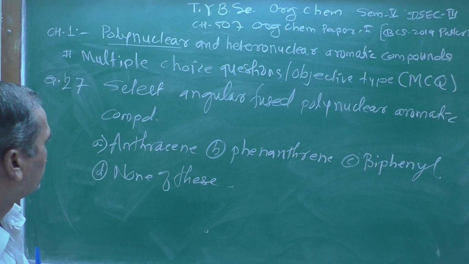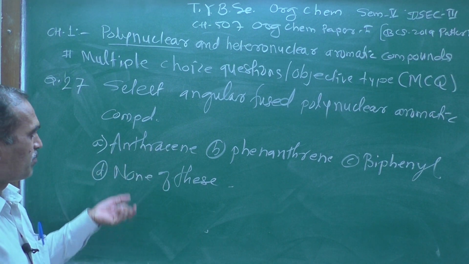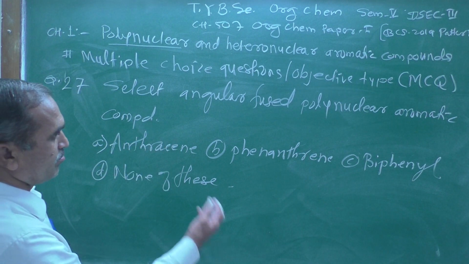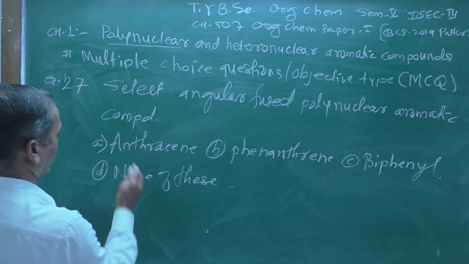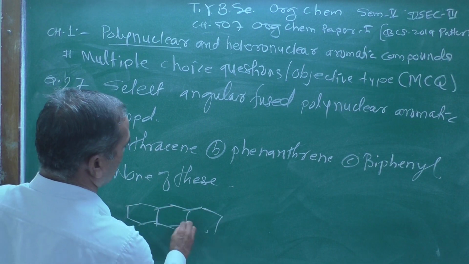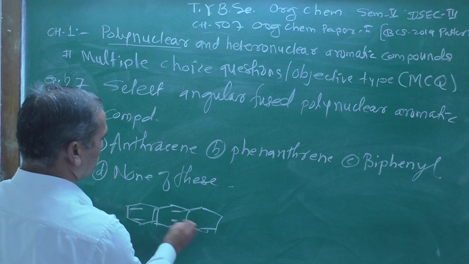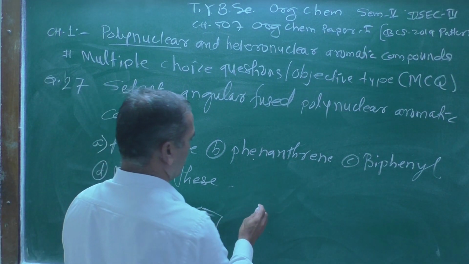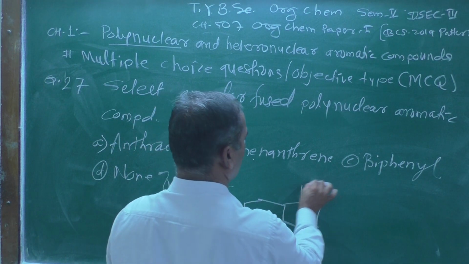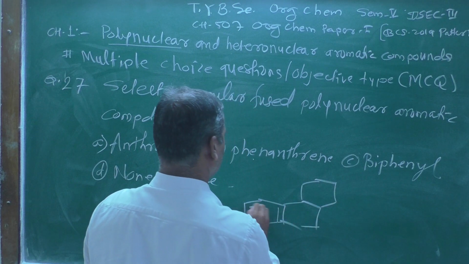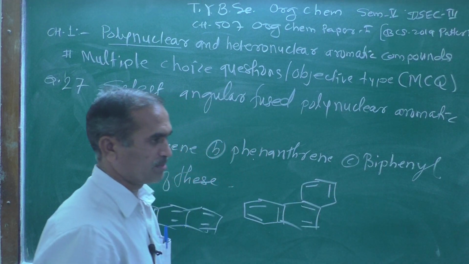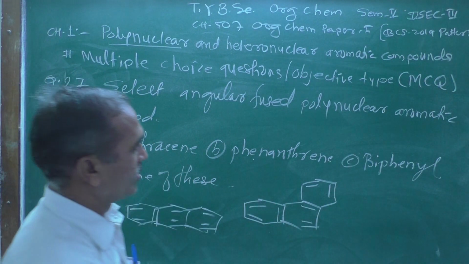Once again, just now in a previous example we have seen the structures of anthracene, phenanthrene, and biphenyl. Let us see once again. Anthracene is linearly fused. In phenanthrene, the 3 benzene rings are fused together angularly.